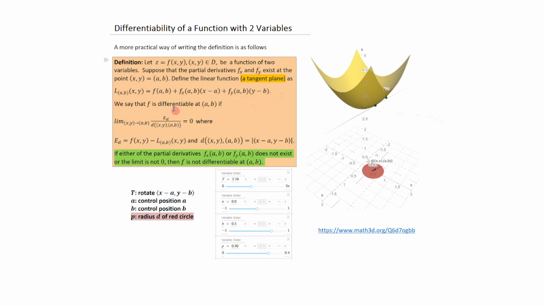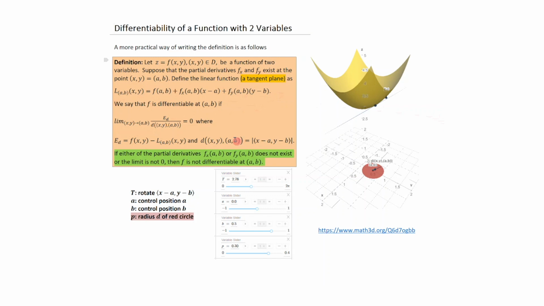We say that f is differentiable at a, b if the limit as x, y approaches a, b of E_d divided by d(x, y; a, b) equals 0, where E_d is the difference between the value on the surface and the value on the tangent plane. And d is going to be a little bit different.